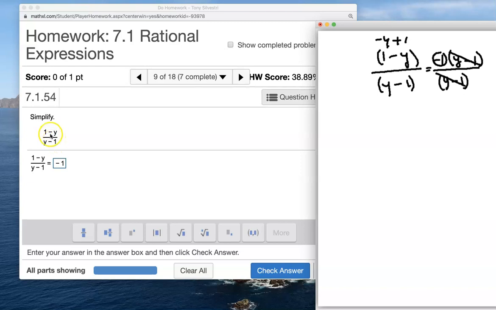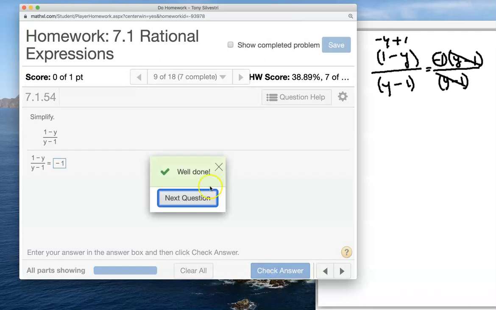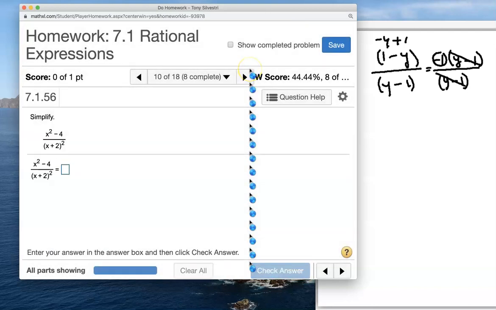Those are opposites. Minus y and y are opposites. If every term of the top is the opposite of every term on the bottom, you can immediately cross out those bundles and leave a minus 1 in its place. First off, let's check the answer. Okay, good. Let's go on to another one.